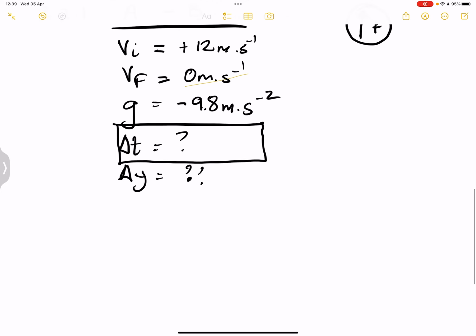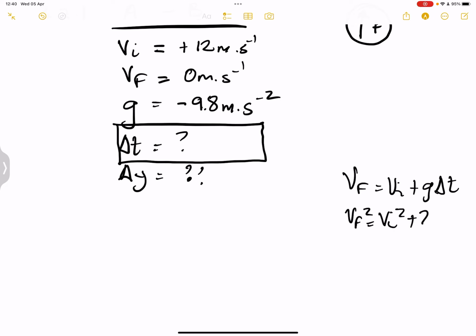Of the four equations of motion, the first one is Vf equals Vi plus g delta t. The second one, Vf squared equals Vi squared plus 2 a delta y, in this case vertical motion. The third, delta y equals Vi delta t plus one half a delta t squared.